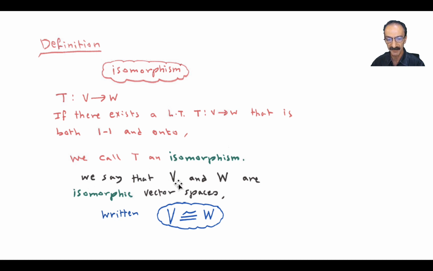We say that V and W are isomorphic vector spaces. In short, we write it this way. Pretty much like V and W are equivalent. Same size. Everything is nicely connected from V to W, back and forth.